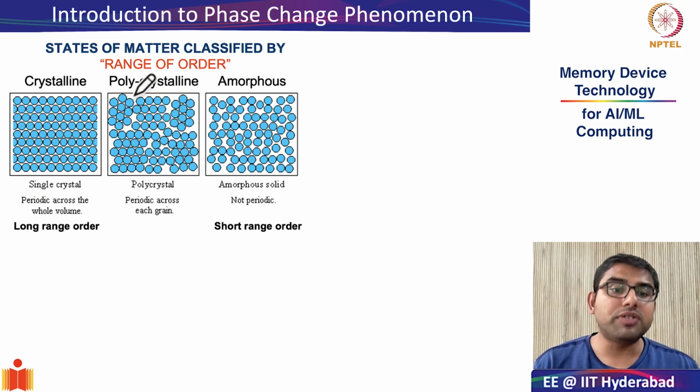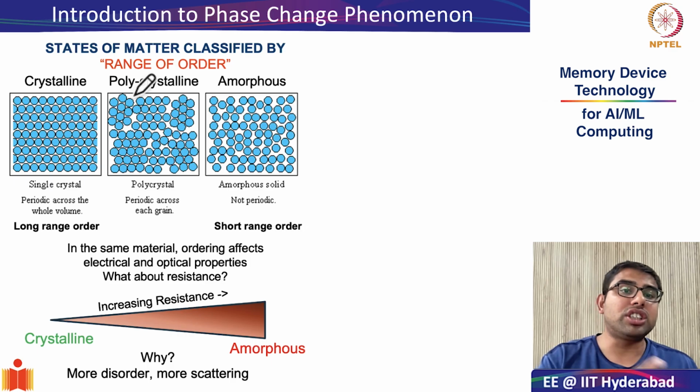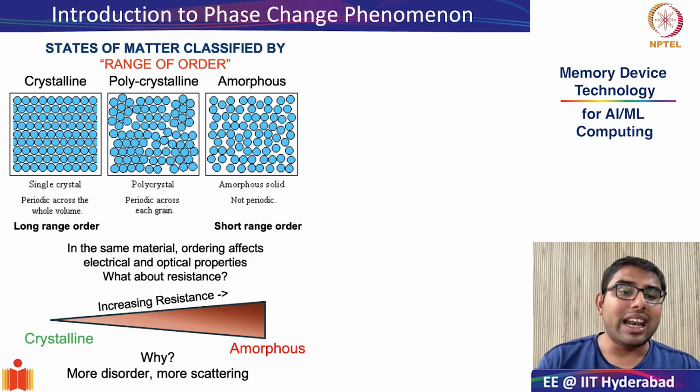And what is very interesting for our purpose is that in the same material, the ordering of atoms in crystalline or amorphous phase completely affects the electrical and optical properties of the material. So, since we are primarily interested in electrical properties, let's ask the question, what about resistance?